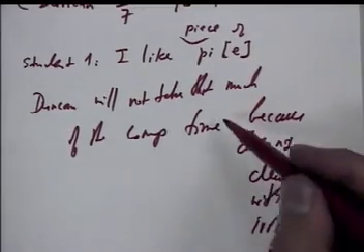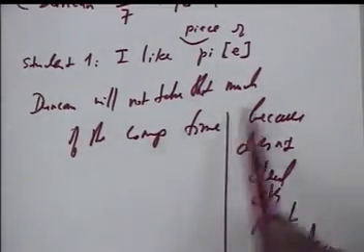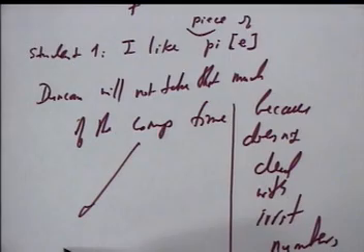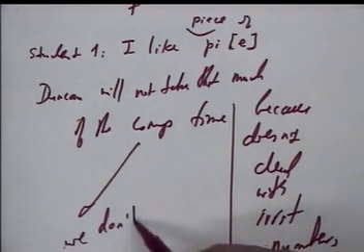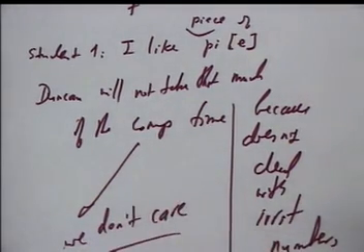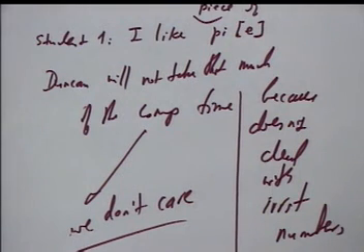So here he has two statements, of course. Duncan will not take much computer time. This we don't care about. I mean, computer time, we can do some other work and the computer can work, so that is not that important.